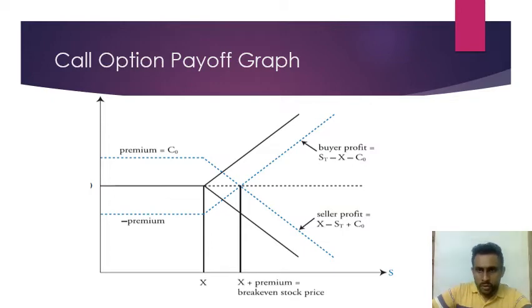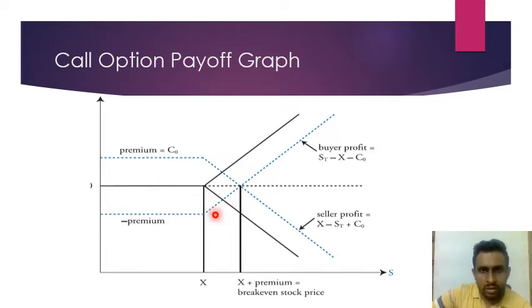So if you see, let me take the pointer. This is the premium received for the stock option, and this is the premium paid for the stock call option. When we pay the premium, we are at a loss of this much, and we have bought this call option.